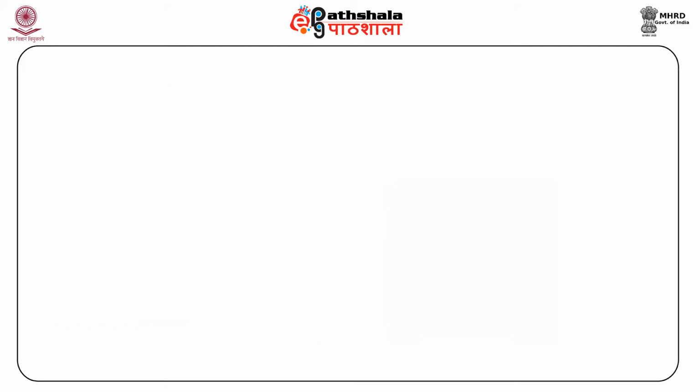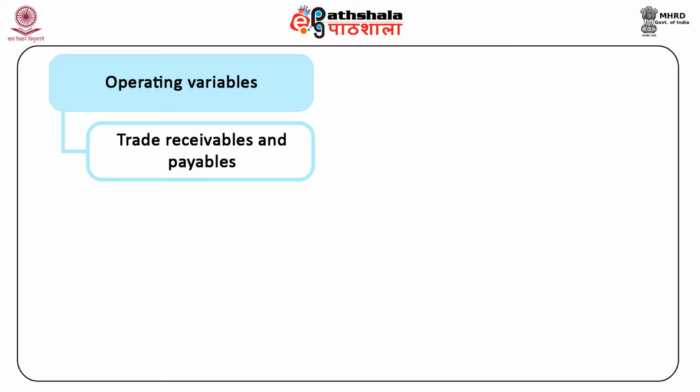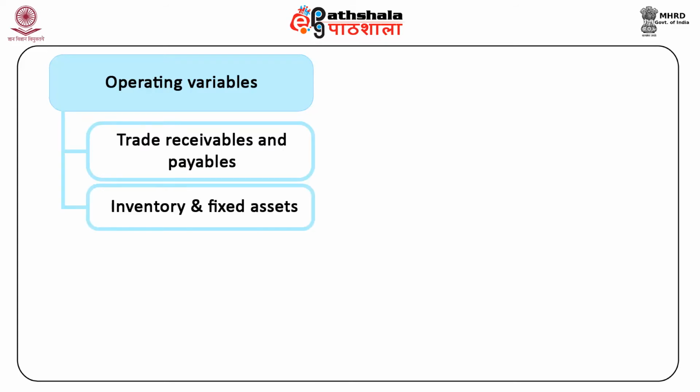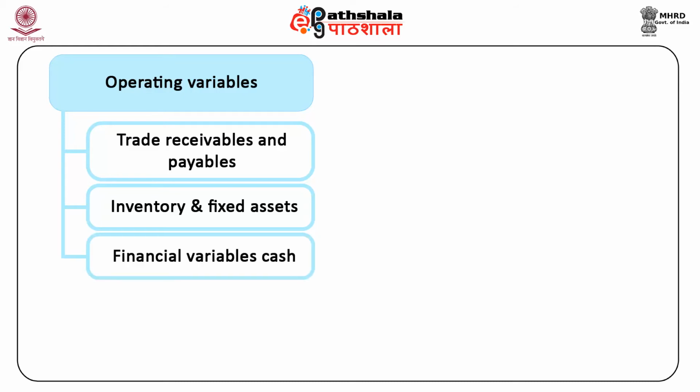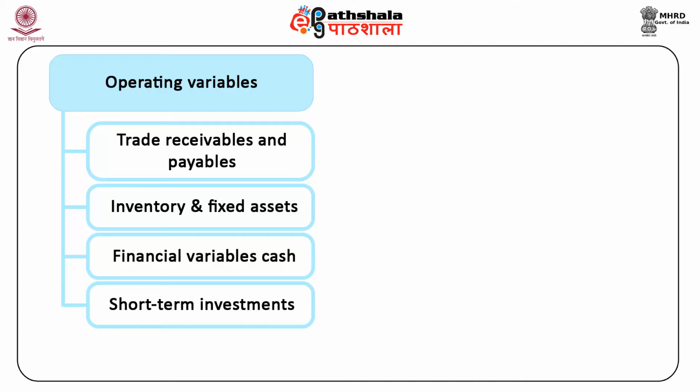To achieve these objectives, variables are grouped. Operating variables include trade receivables and payables, inventory and fixed assets, and financial variables: cash, short-term investments and debt.